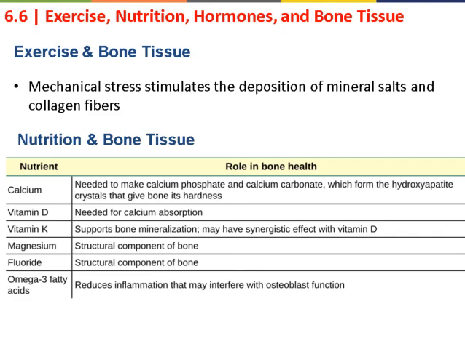Now the last section is talking about exercise, nutrition, hormones and bone tissue. Let's start with exercise and bone tissue. We have to know that mechanical stress stimulates the deposition of minerals, salt and collagen fiber. Therefore, the lack of mechanical stress causes bones to lose mineral, salt and collagen fiber, and thus decreases their strength. An example of that is the astronauts when they go to space.